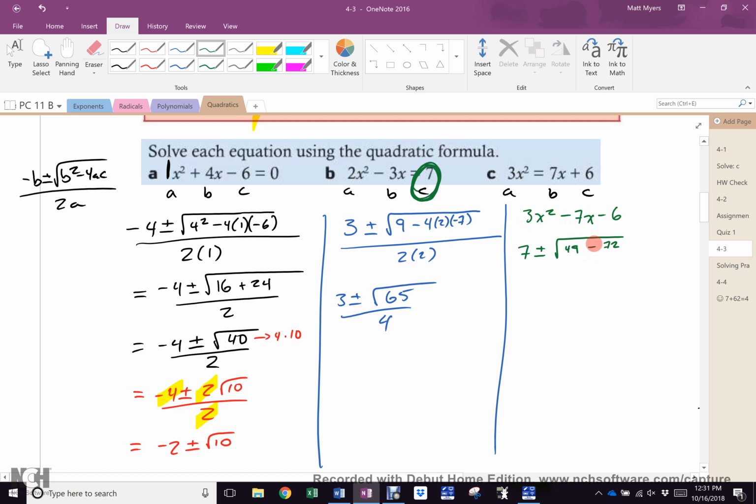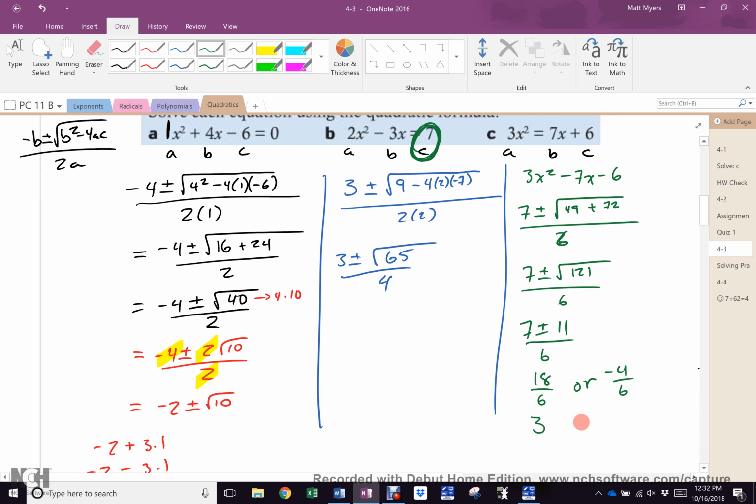Oh, no, it's plus. Yeah, okay. 49 plus 72 is 121, over 2 times 3, which is 6. Then I sorted out 7 plus or minus the root of 121 over 6. 7 plus or minus 11 over 6. 18 over 6, or negative 4 over 6, which is... You can simplify it too. Yeah, I know. 3 or negative 2/3.